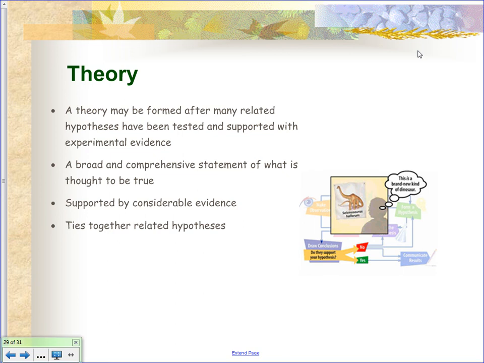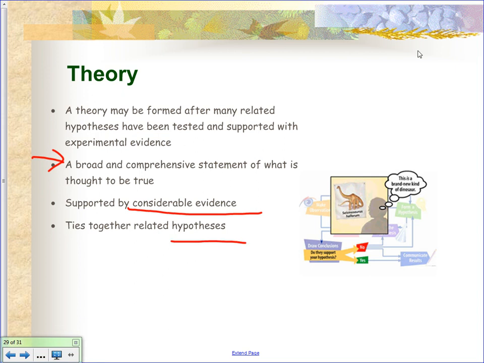And these are often misrepresented when it comes to definitions. So theories may be formed after hypotheses have been tested and supported with experimental evidence. A theory is the following: a broad and comprehensive statement of what is thought to be true. Theories are supported by considerable evidence, and theories tie together related hypotheses.